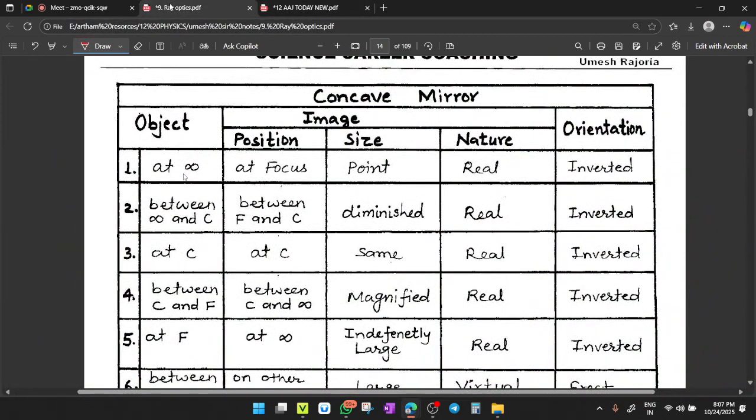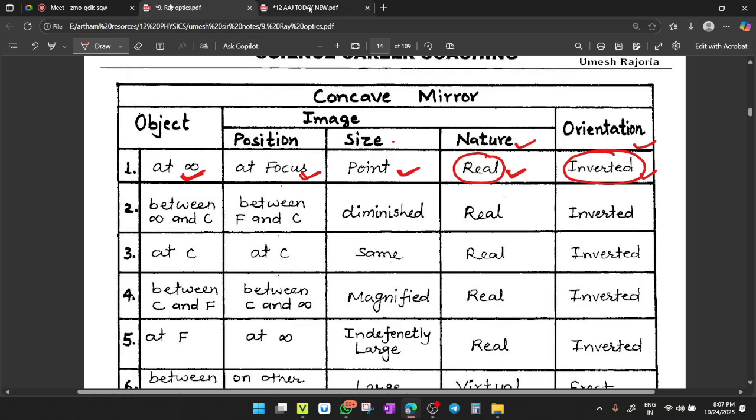So check here. When the object is at infinity, the position of the image is at focus. Size of the image is point size. Nature of the image is real, and orientation is inverted. Remember, when there is a real image, then it is always inverted.